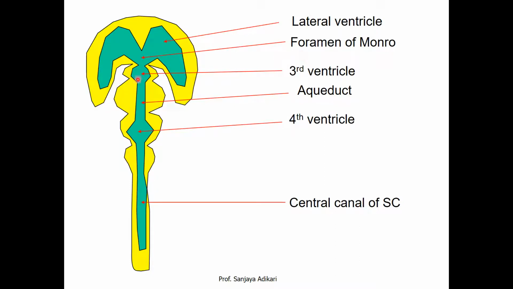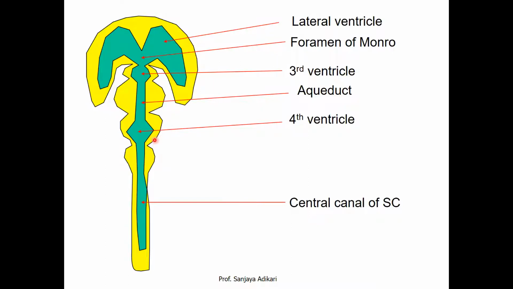Then the cavity that was inside the diencephalon, the thalamus and hypothalamus area, expands and gives rise to the third ventricle. Then the cavity inside the midbrain vesicle, which did not change much, remains as a small tube, which is called the cerebral aqueduct.